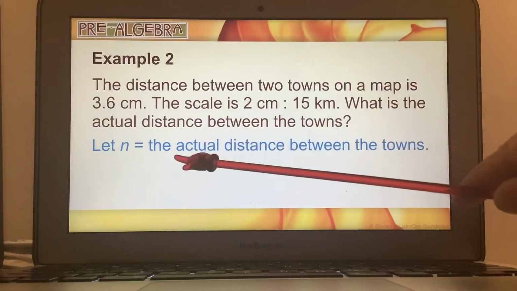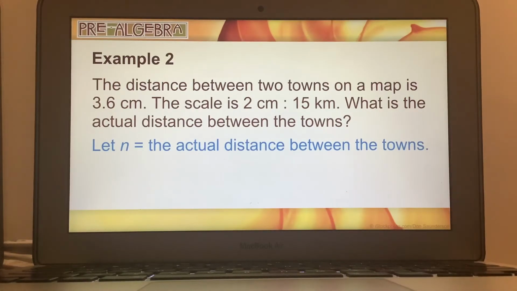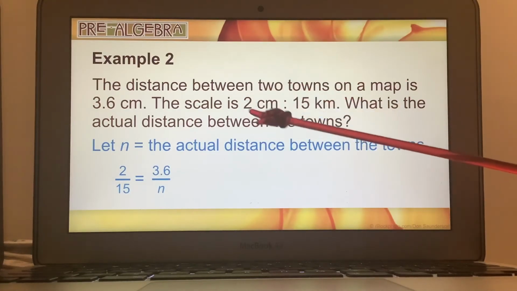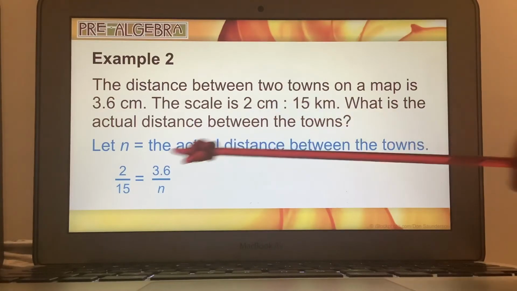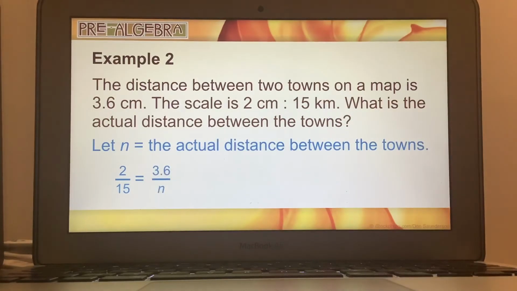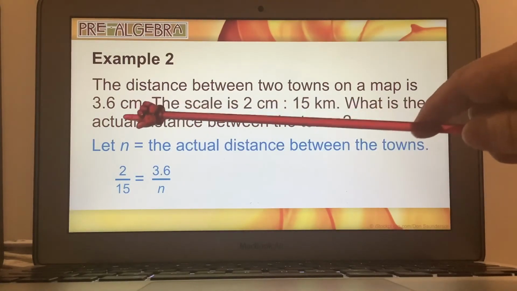First, we're going to let n be the actual distance between the towns. Okay, that's what we need to find. And then, as I said earlier, our scale, 2 centimeters to 15 kilometers. Here I have 2 to 15. And then what is that equal to? That's equal to the scale here.